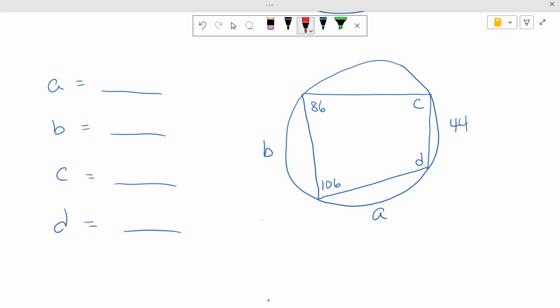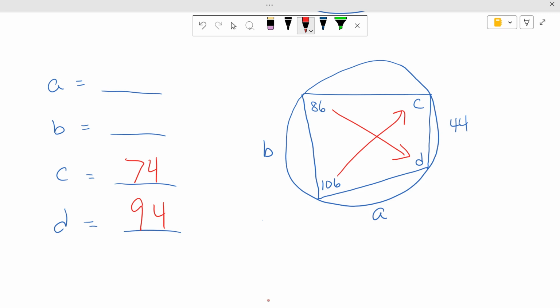The angles. Channing, what's C? It is 74. Okay. Thanks for waking up from your nap. Okay. What is D, Bruce? 94. Okay. So we got those two done.